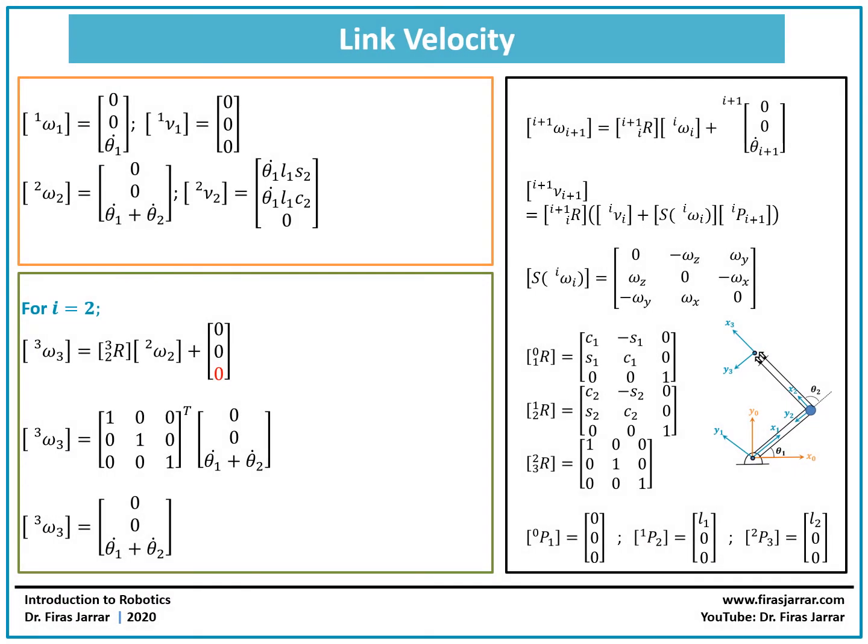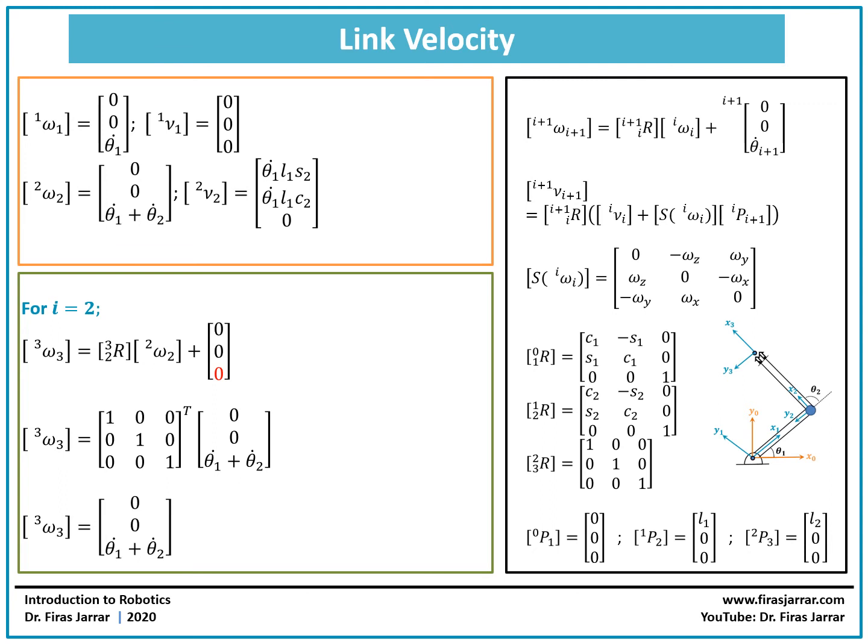Now you can see we have the angular velocity of link 1, the linear velocity of link 1, the angular velocity of link 2, and the linear velocity of link 2 as obtained in the previous slides. Now we move to the next value of i. i is equal to 2.